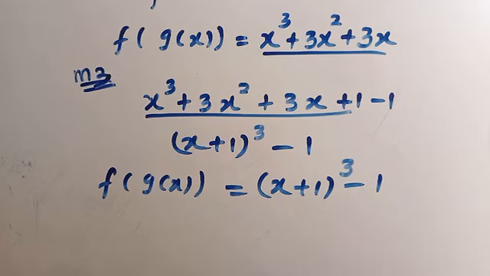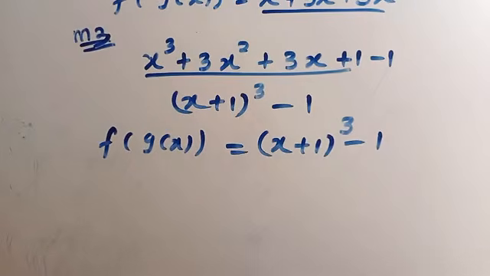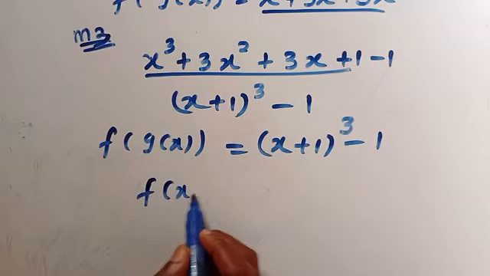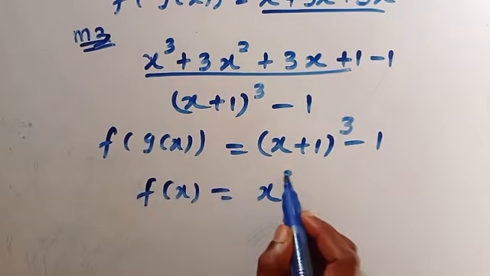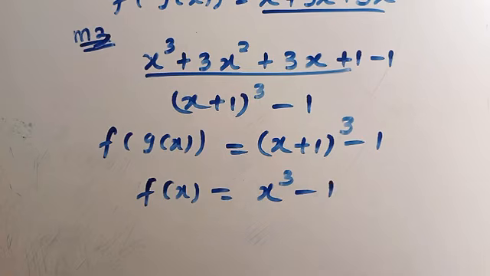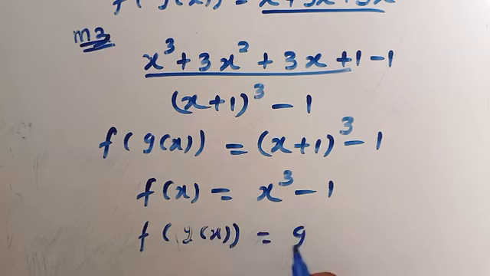And in the next step, given that f of x here equals x cubed minus 1, if I replace x with g of x, we are going to have f of g of x equals g of x raised to power 3, then minus 1.